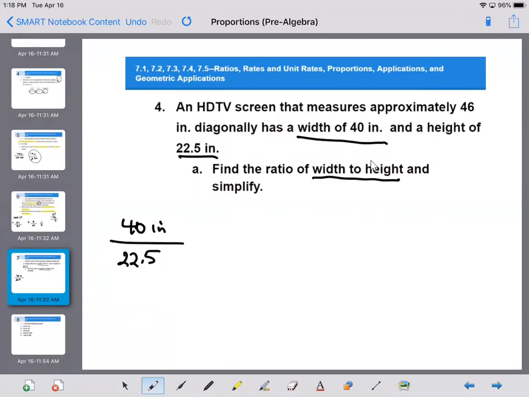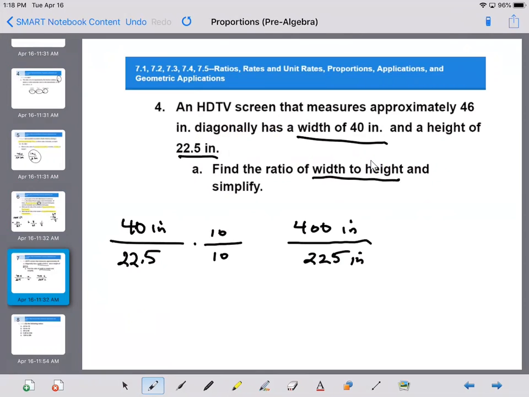But if I want to keep it as a ratio, I can multiply by n divided by n. Let's just make it 10. So this will be 400 inches, and this will be 225, because 22.5 multiplied by 10 is 225.